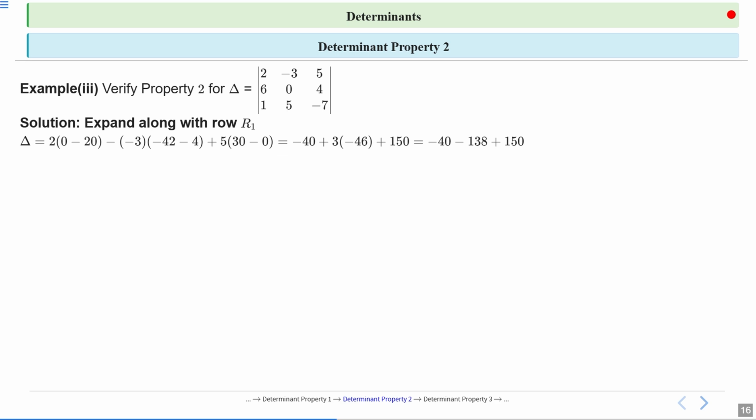So it becomes minus 42 minus 4, plus the third element 5 with determinant 6 into 5 minus 0, that is 30 minus 0. So it becomes minus 40 plus 3 into minus 46 plus 150. So the determinant value for this matrix is minus 28.